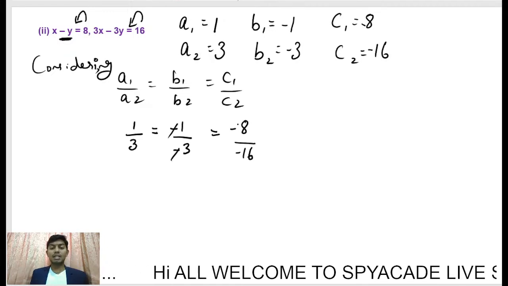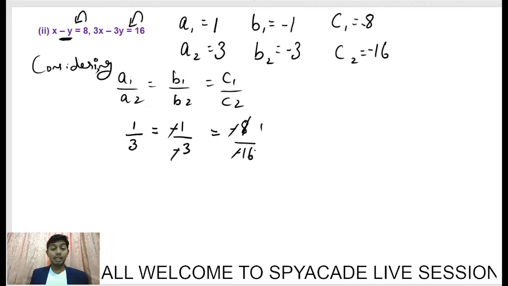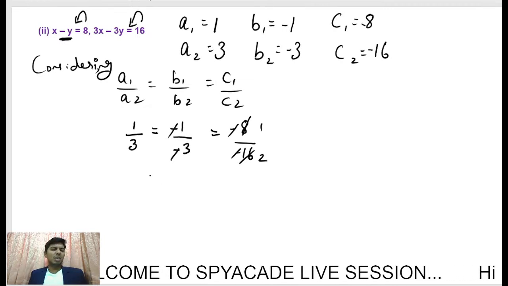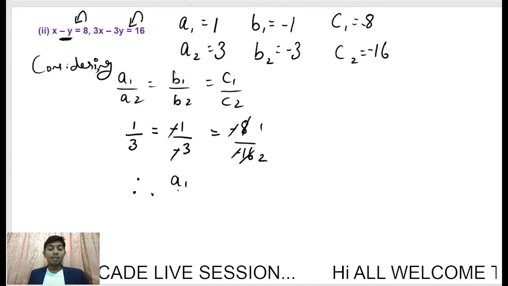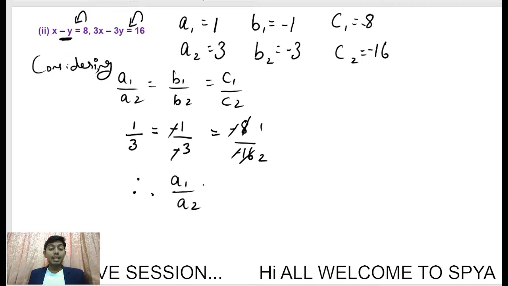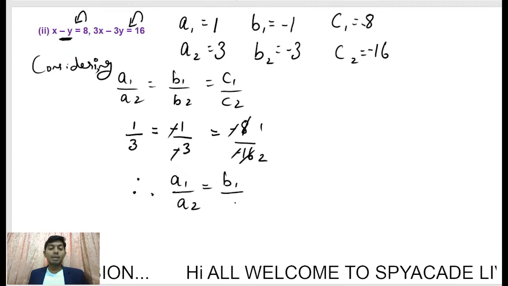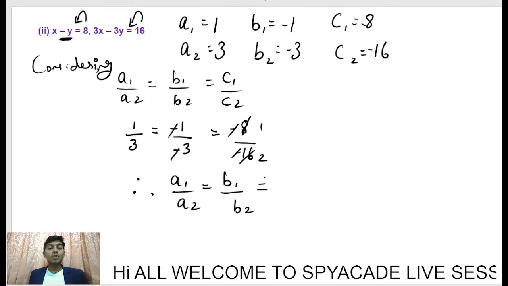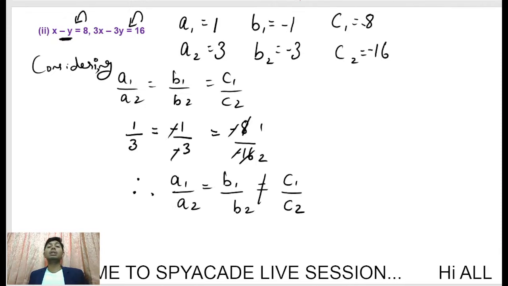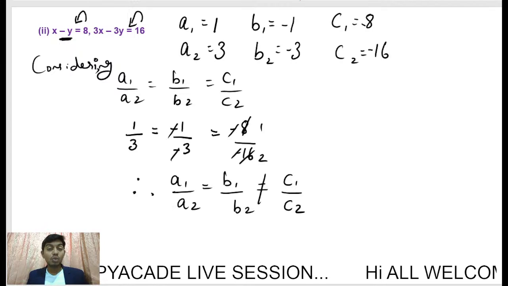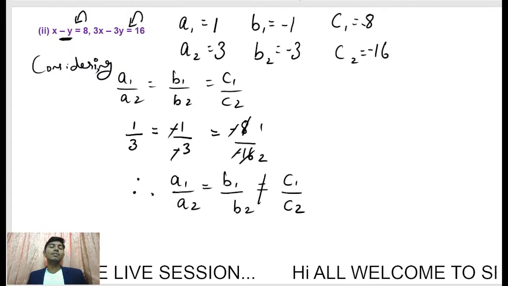Minus minus will get cancelled. So therefore a1 by a2 is equal to b1 by b2, but that is not equal to c1 by c2.